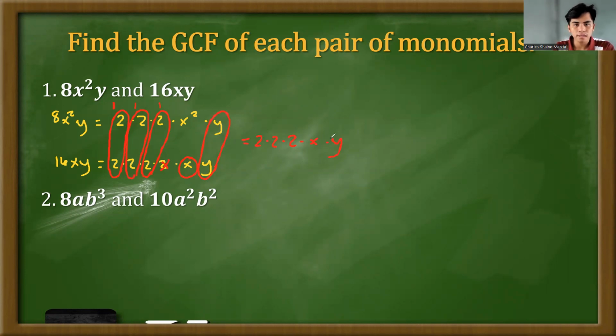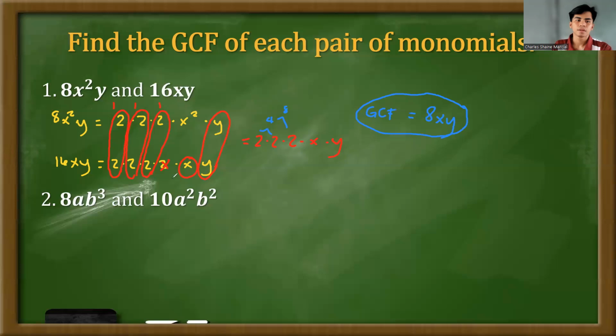And ito namang x dito, itong y dito. Now, ang sunod, i-multiply lang natin siya. Okay? So, ito, 2 times 2 is 4, times 2 is 8. Okay, so the GCF now is 8xy. Okay, ito na yung GCF nitong 8x squared y and 16xy.